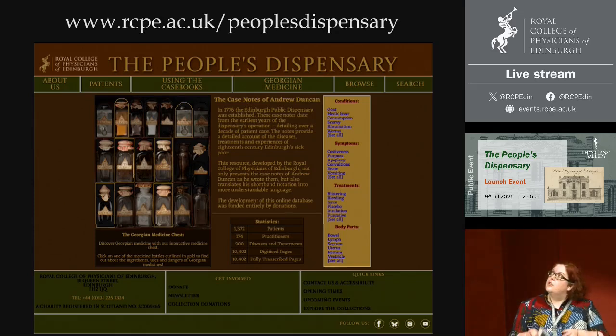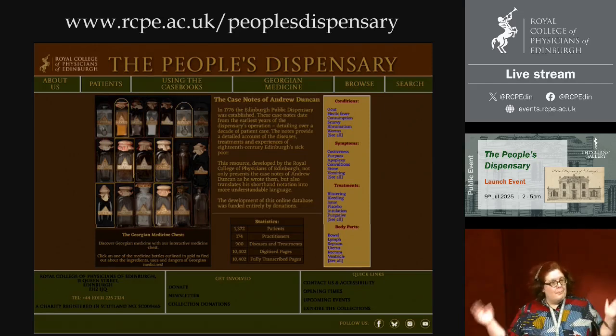And just to talk you through a little bit about what you can see in front of you. For those of you who've used our collections before, including our online collections, it might look a little bit familiar because we have mirrored our Cullen Project website. So we very intentionally used the same metadata, the same way of tagging, and make it easier to use, but also with the idea that a bit further down the line, we're going to bring all those digital resources together into one mega resource.